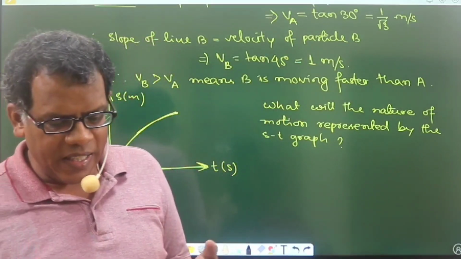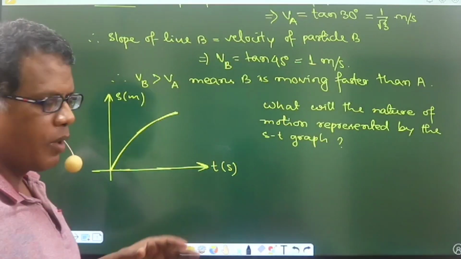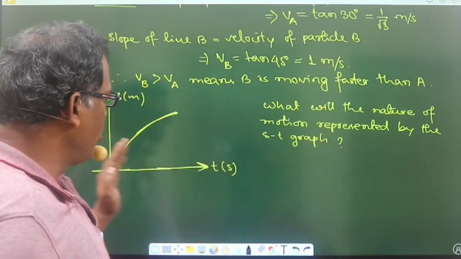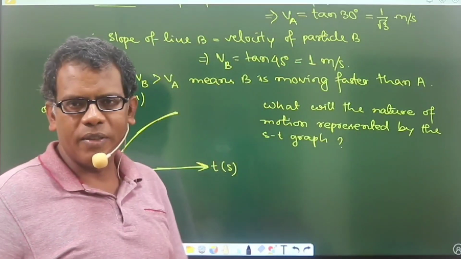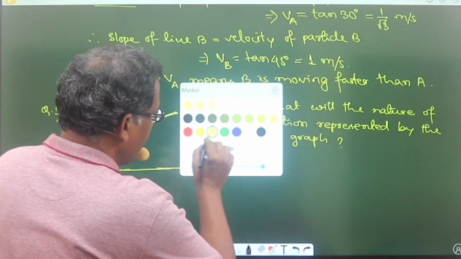So what kind of motion is possible for that particular particle whose displacement-time graph has been shown with this curve, we need to comment on this, right?